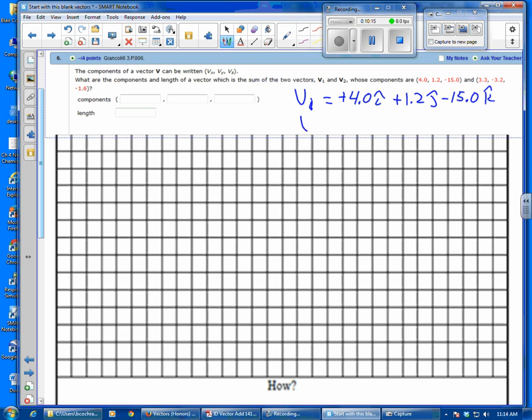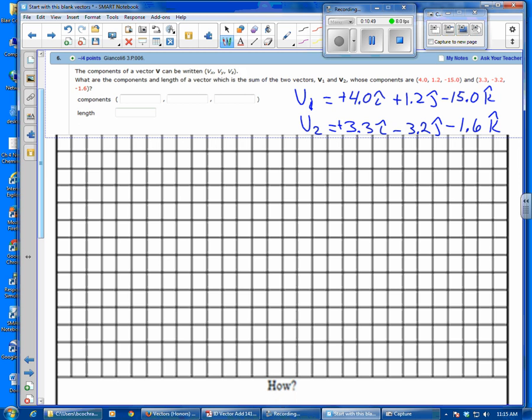And then v2 is positive 3.3 i minus 3.2 j, minus 1.6 k. Remember, you're going to have different values here. So I'm getting them into that form. We didn't use that parentheses form, so I'm trying to translate into information you understand, because we did do unit vectors. Okay.